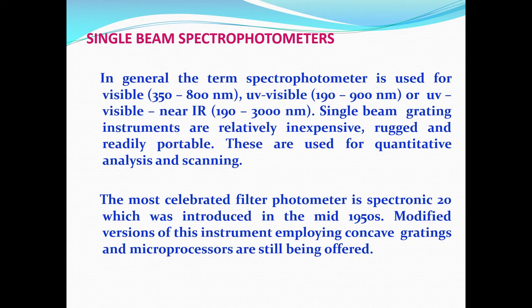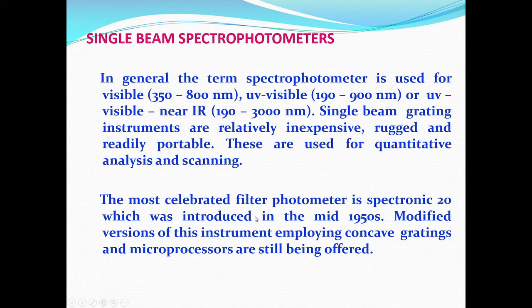Single beam grating instruments are normally employed here, because as I have explained to you earlier, gratings can provide inexpensive, rugged, and readily portable instruments. These are used in quantitative analysis.